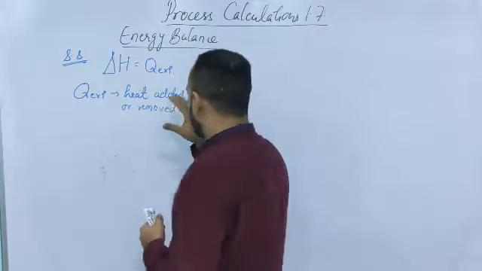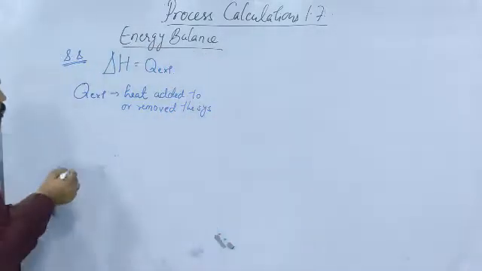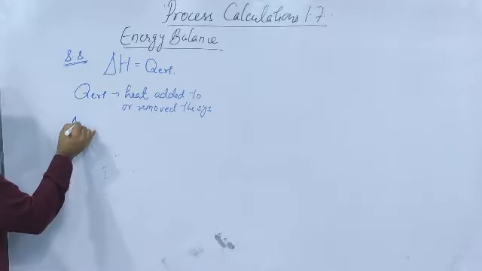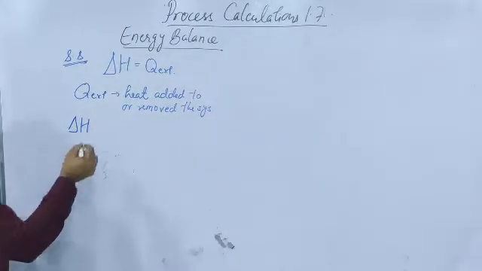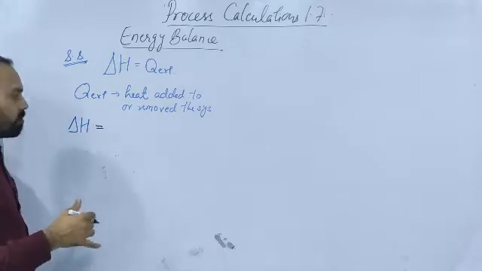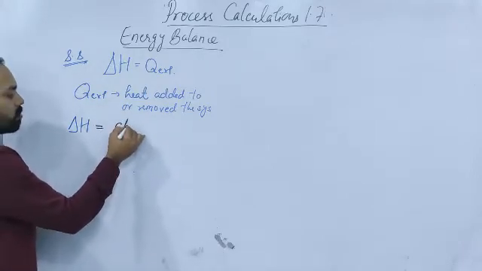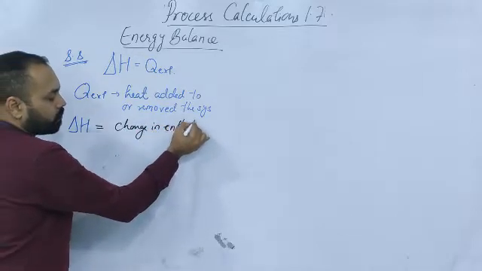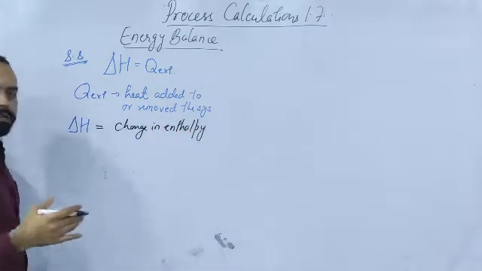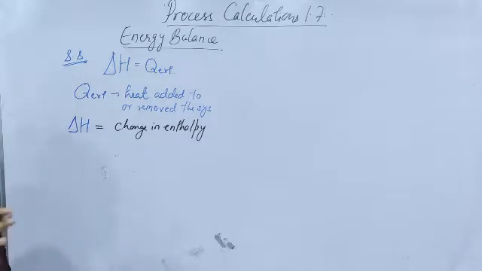Right. Now in this equation, what is delta H? Delta H is change in enthalpy, as the symbol suggests. And what is change in enthalpy? Suppose the system is non-reacting, so there is no reaction.